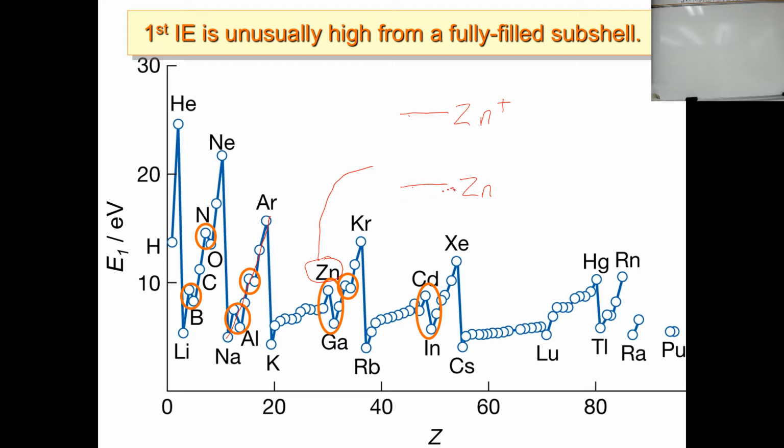So the lower energy level we have zinc, the higher energy level we have zinc cation. And I'll draw this under the, and call this expected.